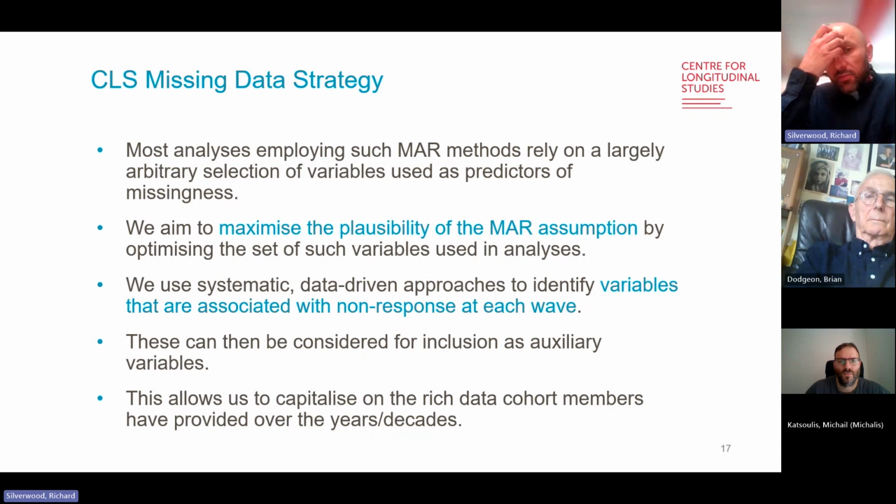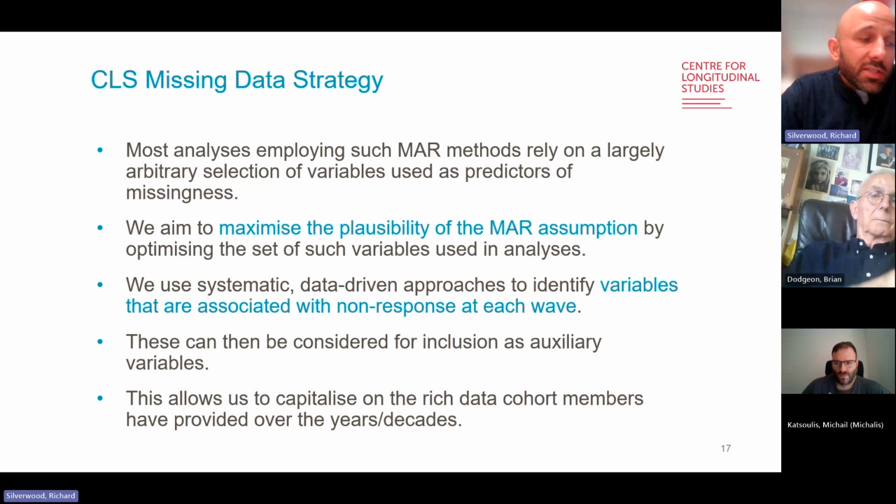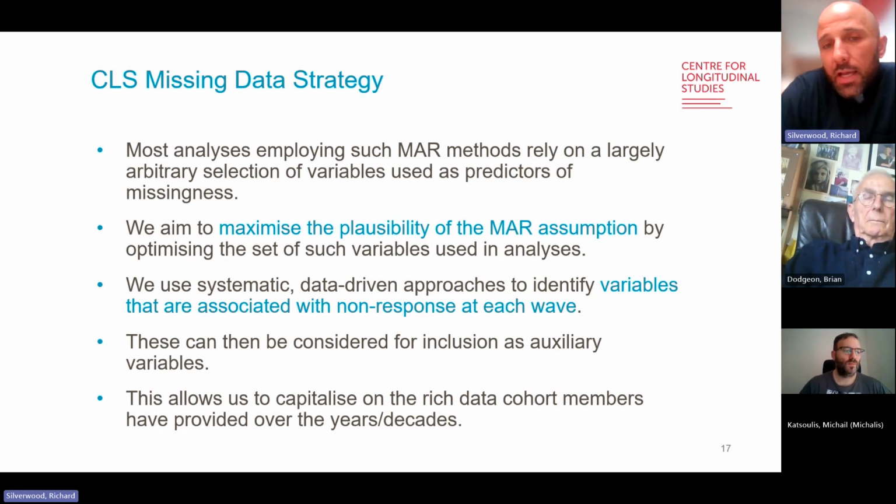These auxiliary variables that we can include in our imputation phase are often employed in methods that you will see being applied in the literature. But often the variables selected for inclusion as auxiliary variables are chosen in a somewhat ad hoc way, in that it's reliant perhaps on pre-existing theory or just using variables that have been used by other researchers in previous applications.